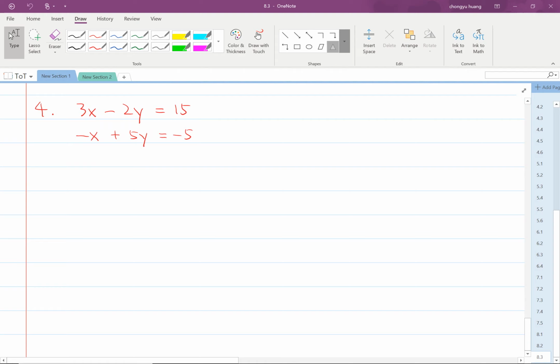Okay, now let's solve the question together. First of all, we have to determine which method we have to use, either addition or substitute, right? Basically over here you know that in order to use substitute, we need to have some equation which is already solved for y or x, and you don't see that over here, right?